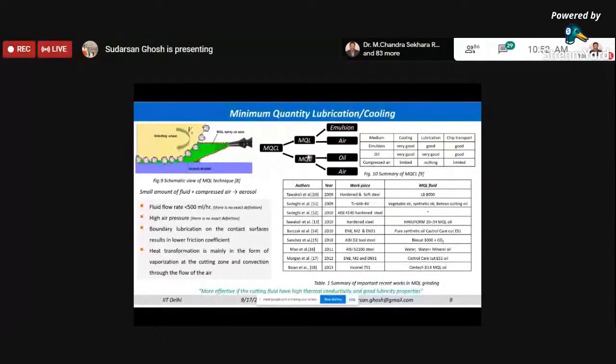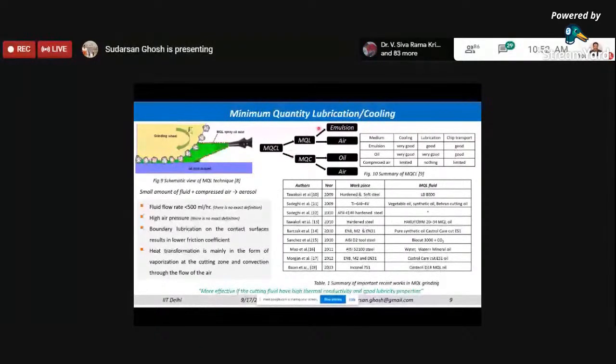In MQC, you basically use oil. Mostly in MQC, the oil does not have as much lubrication capacity as you find in an emulsion, so it is mostly used for cooling application. That's why it is called MQC. But the more popular one is MQL.